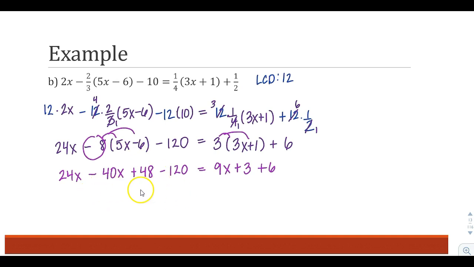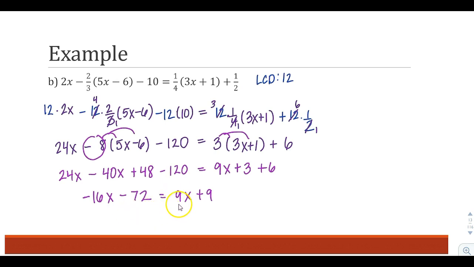Now we'll collect like terms on the left-hand side, so 24x minus 40x is negative 16x, then minus 72, combining 48 minus 120, is equal to 9x plus 9.